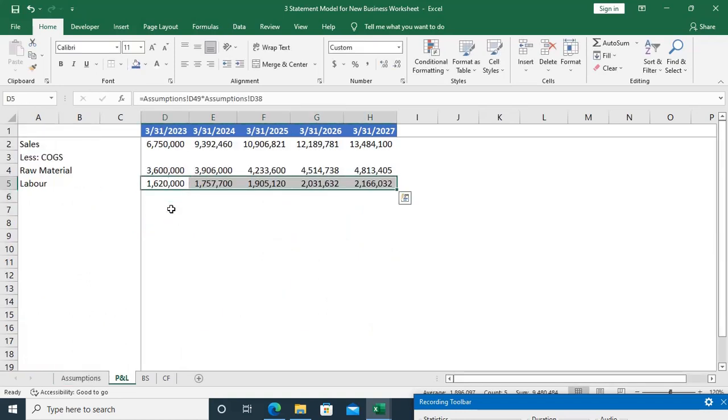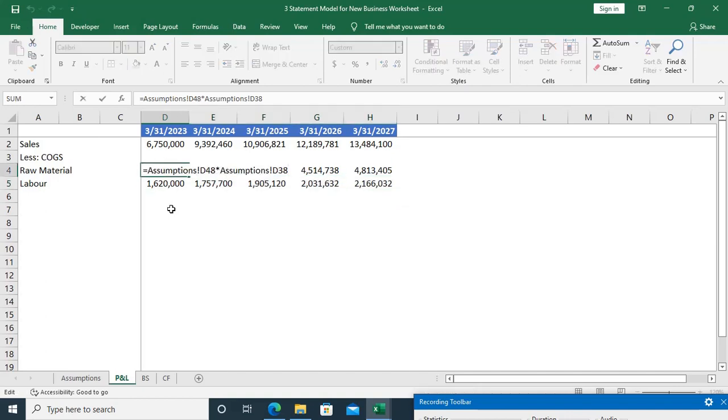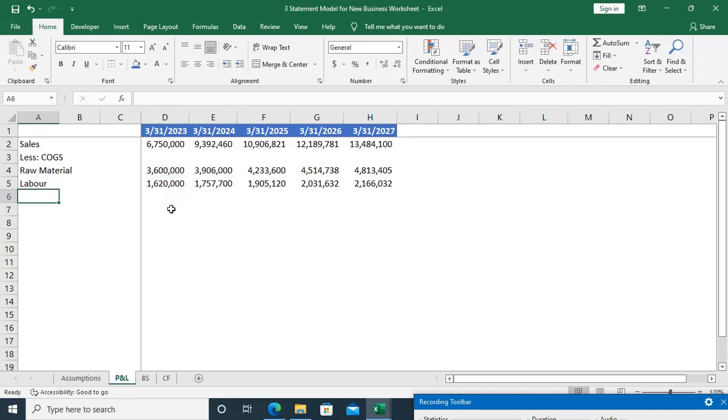I think you are understanding why I have taken raw material like this. Raw materials per unit multiplied by production, because of how much I have produced. This is on an actual basis, right? Whatever I have produced, that entire thing I am putting in the profit and loss statement. So now raw material and labor are taken care of. Now this is the total production cost.